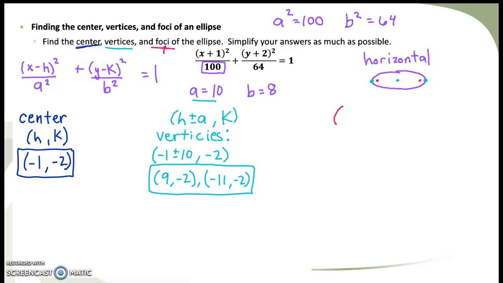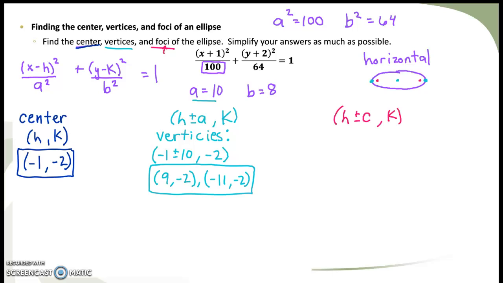They happen inside of our ellipse, but close to the vertex, and they are stretched horizontally. We add to our x coordinate again. So we take h and we plus or minus c, and then we have k.